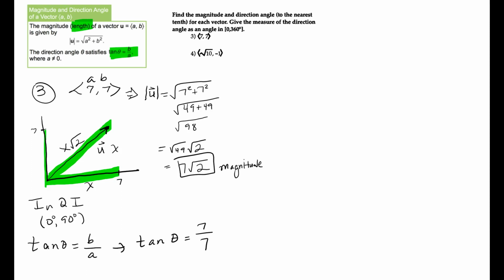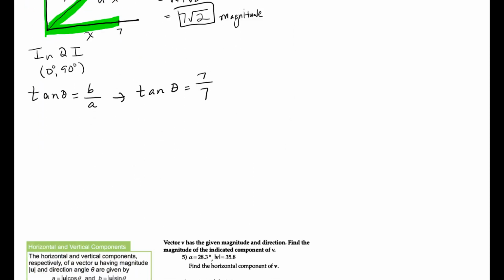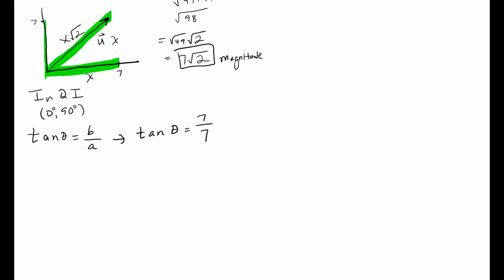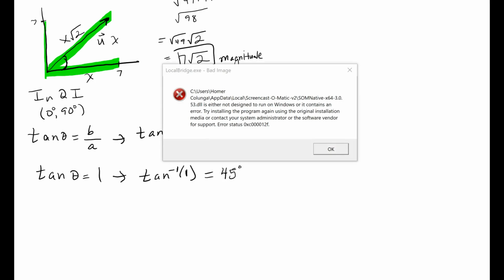The tangent of theta is equal to 1. So we're looking at the tangent inverse of 1. You can use a unit circle, or I suppose a calculator, but you're going to get 45 degrees. So this is the angle formed by the vector. It's a 45-degree angle.